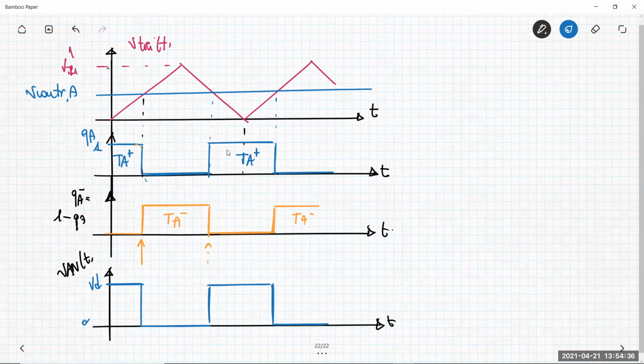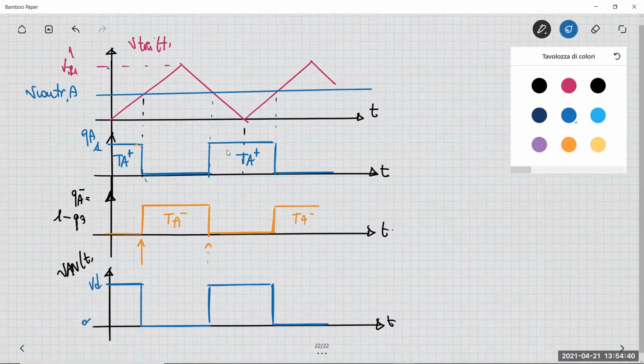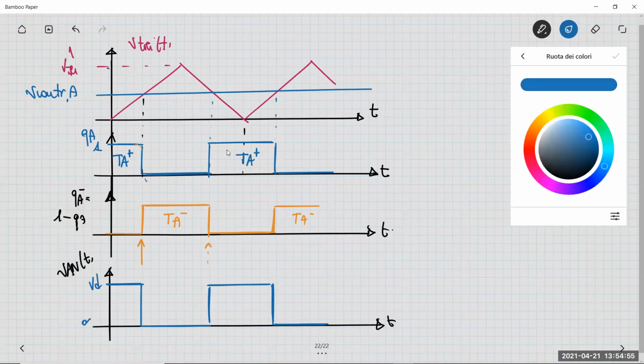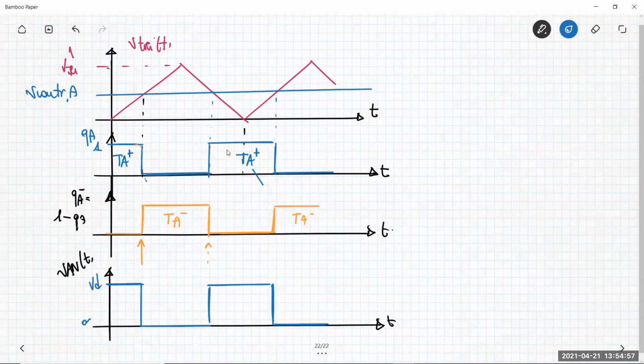So the standard solution for avoiding the cross conduction of both transistors in the same switching power pole is to delay the turn on of devices. What does it mean, delay? It means that, for example, the turn on of the device TA plus is here, and I have to delay it a little bit, so I change the turn on time instant.